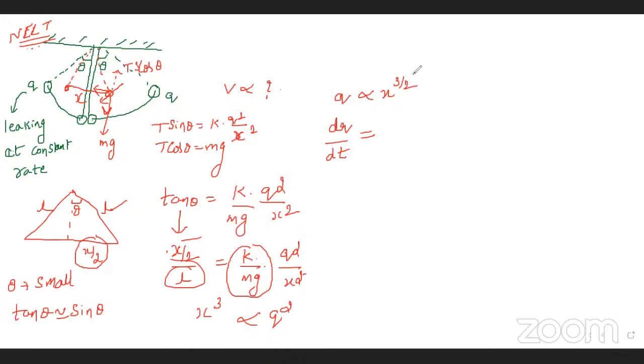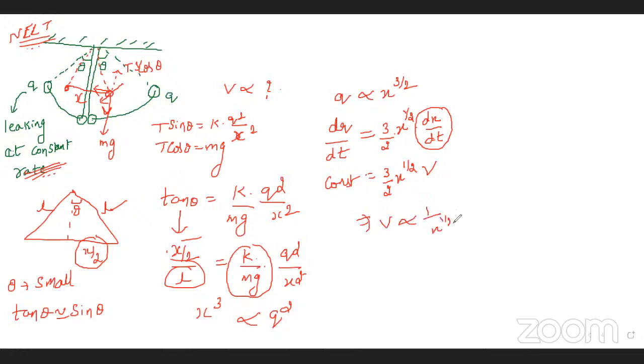Roslyn, can you tell the differentiation of this? It is 3 by 2, x power 3 by 2 minus 1, into dx by dt. What is this dx by dt? Velocity. And dq by dt is constant, since they have given that charge is leaking at a constant rate. So this clearly tells v is inversely proportional to x power half.